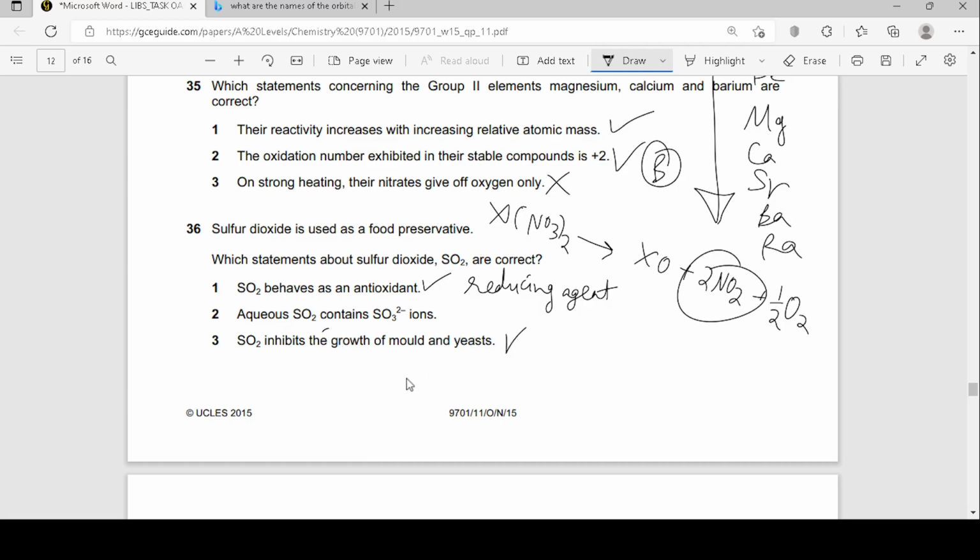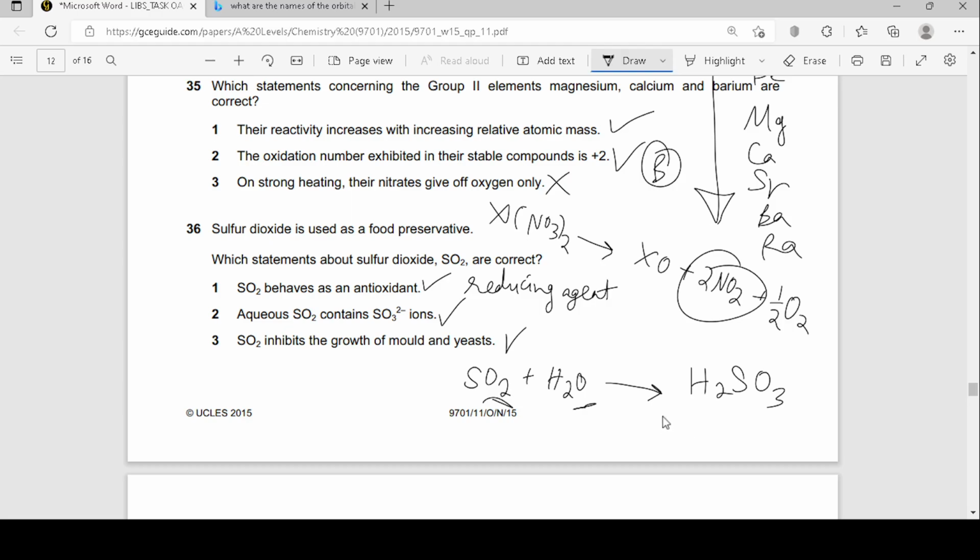Aqueous SO2 contains SO3 2-, so statements 1 and 3 are immediately right, which means 2 must be right as well. But if you want to see it, aqueous SO2 means SO2 plus H2O, right? It contains SO3 2- ions, but is that H2SO4? No, it's not H2SO4, it's SO2 plus H2O giving H2SO3, and what is that?